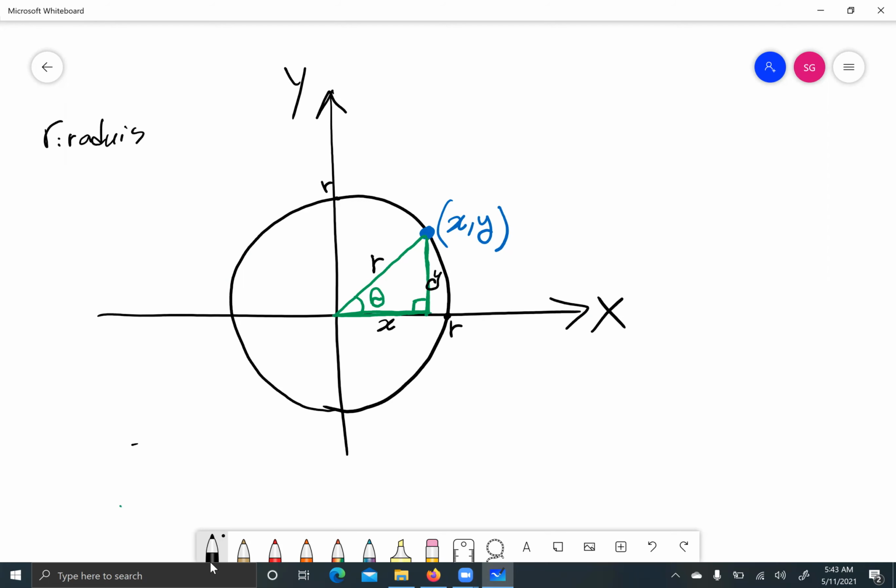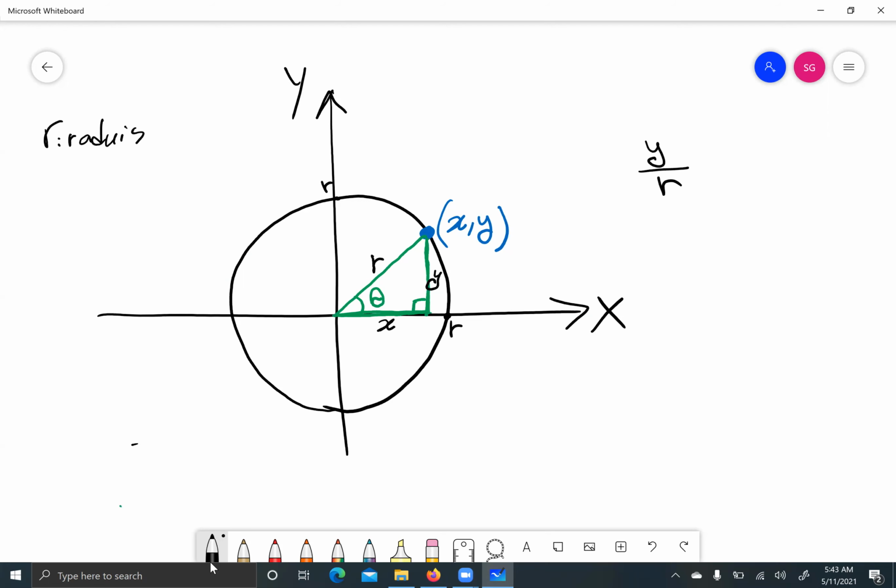And then so far we defined sine and cosine. Do you remember sine? What is the sine function? We said, take a ratio of y over r.